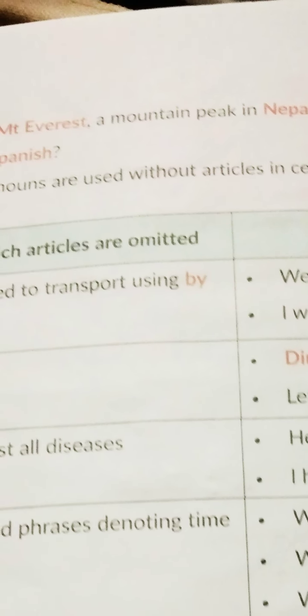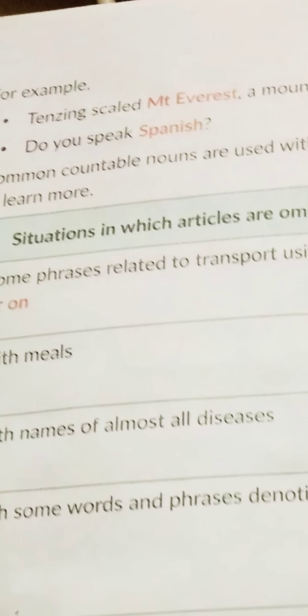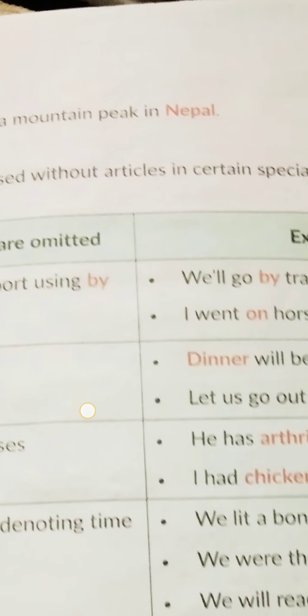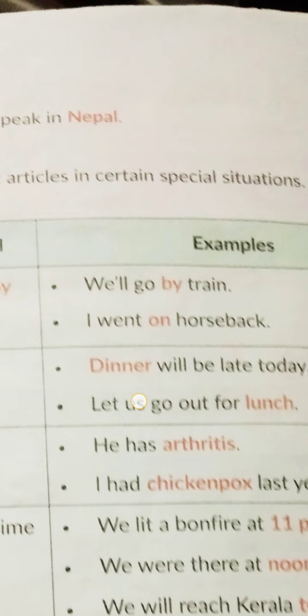So Mount Everest, Nepal, these all are proper nouns, so we are not using any article before them. Do you speak Spanish? Now here before the language also we have omitted the article.